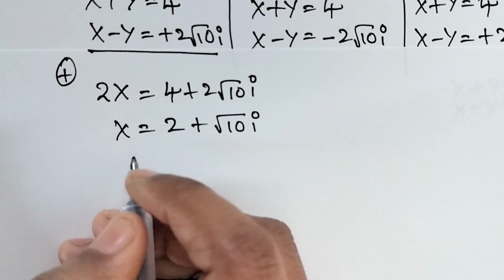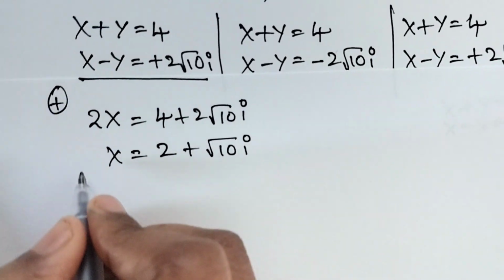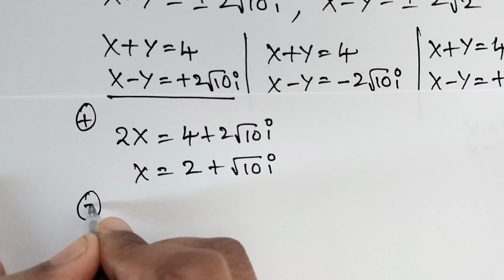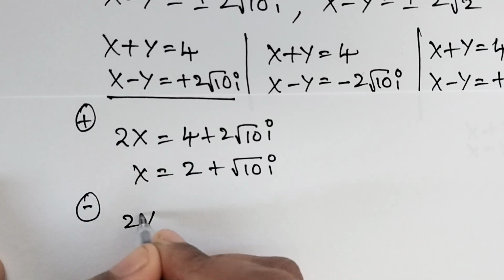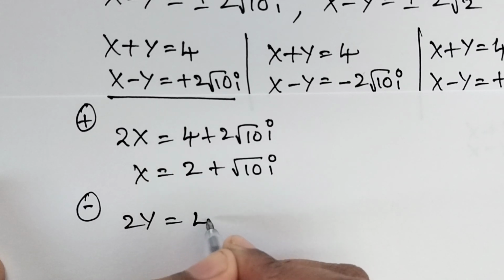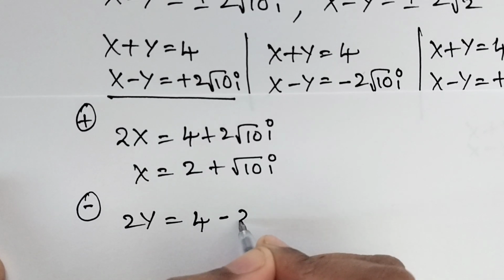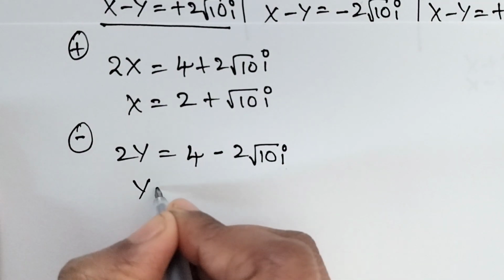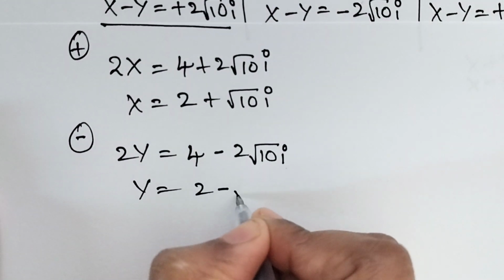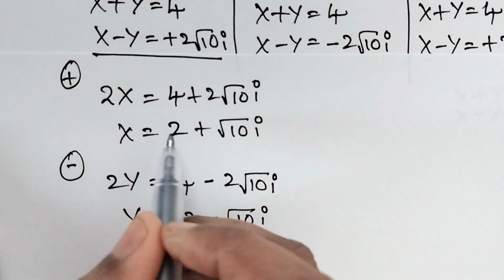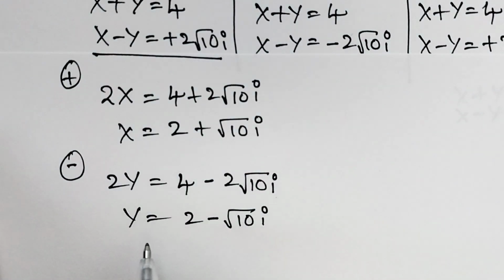So now subtract these 2 equations, then we will get 2y is equal to 4 minus 2 square root of 10i, and y is equal to 2 minus square root of 10i. So here we got x is equal to 2 plus square root of 10i, y is equal to 2 minus square root of 10i.